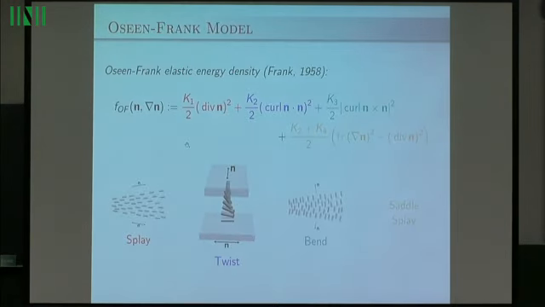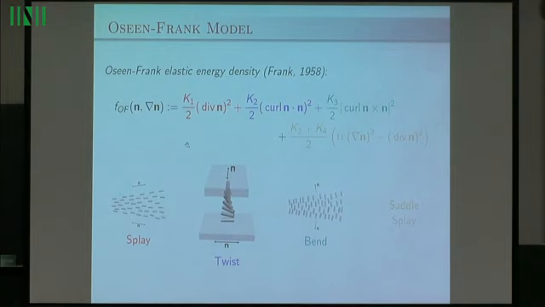So a quick recap of the Oseen-Frank model. The Oseen-Frank model gives you an elastic energy associated with variations of a director. It consists of three components. Now it has to be invariant in an appropriate sense.